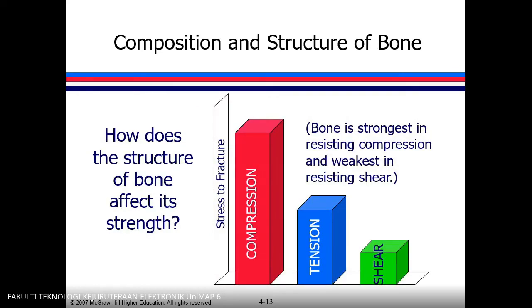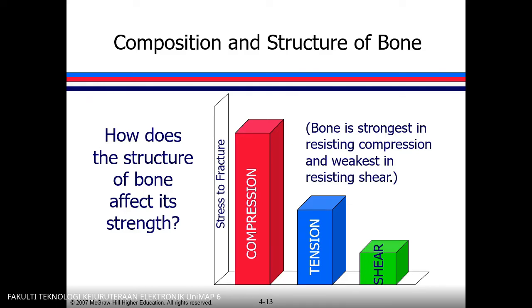How does the structure of bone affect its strength? Bone is strongest in resisting compression and weakest in resisting shear. So bone tu paling kuat untuk resist compression.